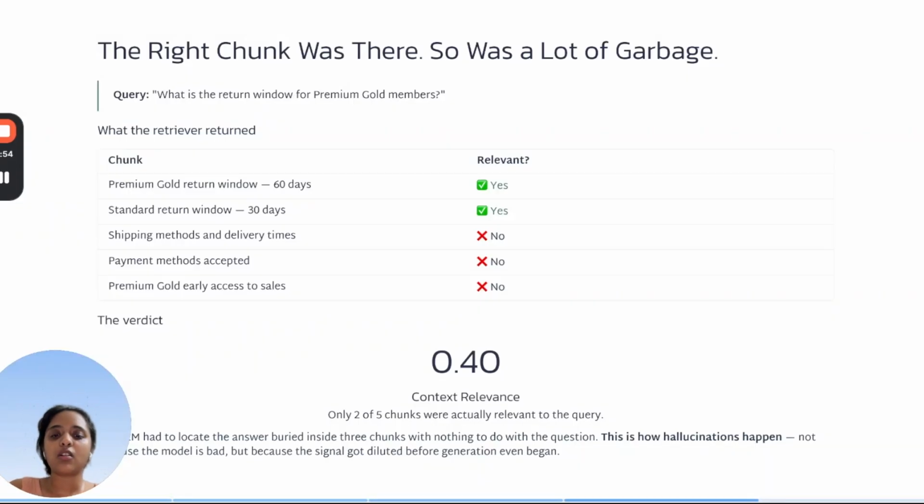If our context relevance is 0.4, only 2 chunks are actually relevant to the query and others were not relevant. So we don't want the right answer to be buried under the noise. And this can also lead to hallucination. The model can consider the other chunks as well and may result in incorrect answering.